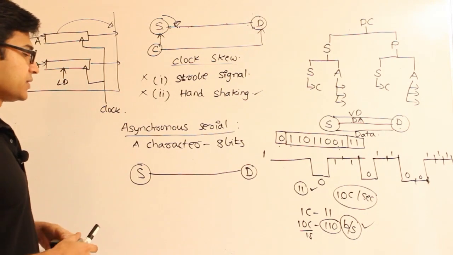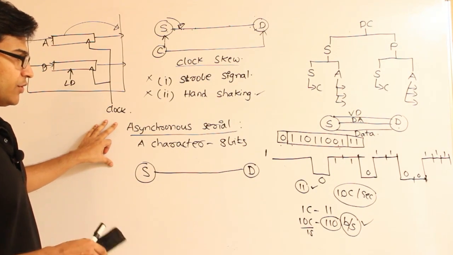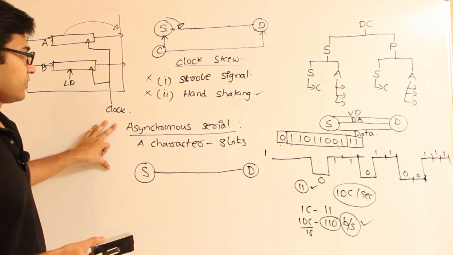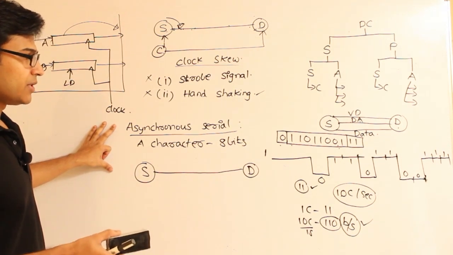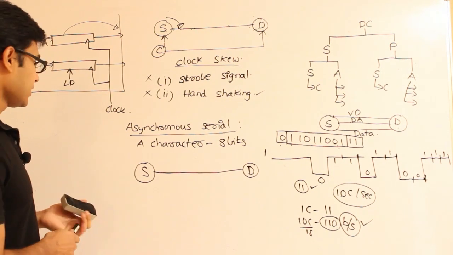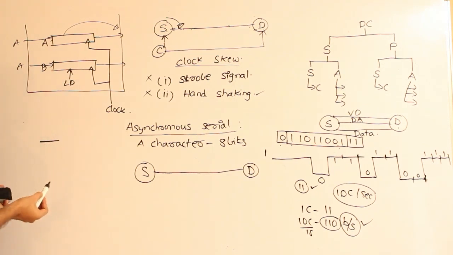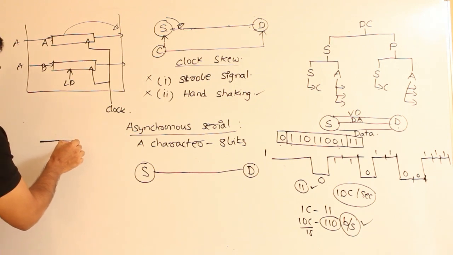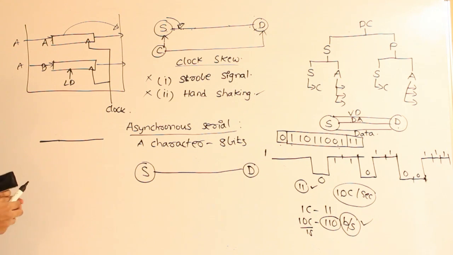So you should understand one difference here. Asynchronous transmission doesn't mean that we are not going to use the clocks at all. In asynchronous transmission also we have to use the clock, and we have to measure the time for each bit. For example, if you are going to say that high voltage is 1 and low voltage is 0, if I send a series of ones, then you have to somehow get how many ones are present in that, and it will be done only when the clock at the source and the clock at the destination are synchronized.